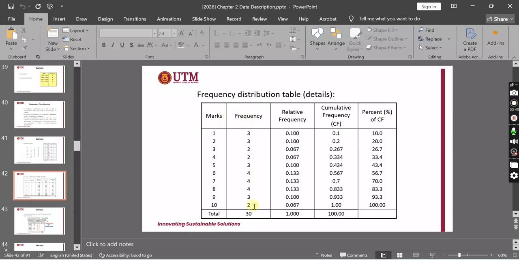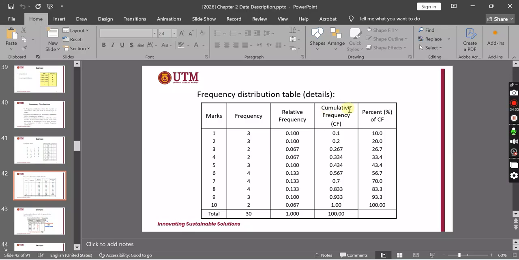This is the frequency. This is relative frequency. We know how to find the relative frequency: 3 divided by 30, 3 divided by 30, 2 divided by 30, 2 divided by 30, and so on for the other numbers. The total of relative frequency must be equal to 1, and also it's equal to 1.